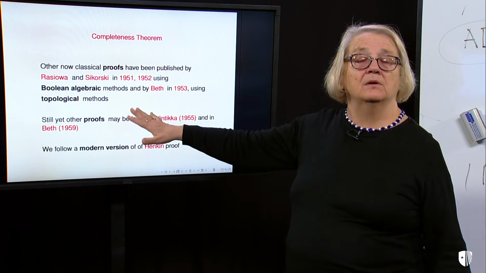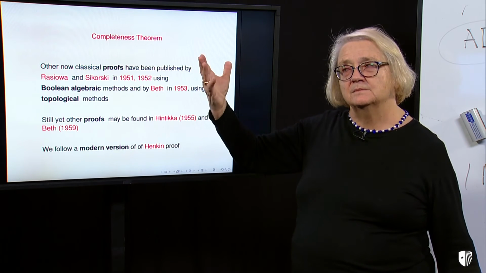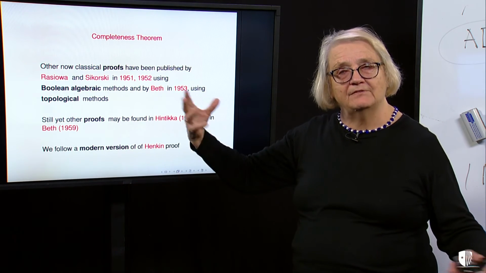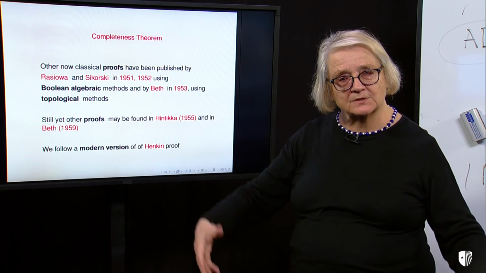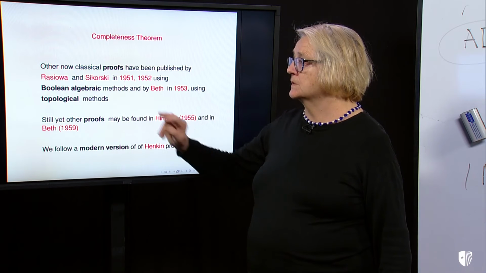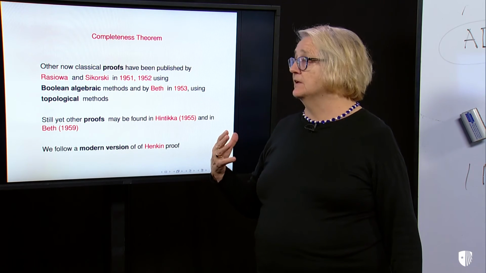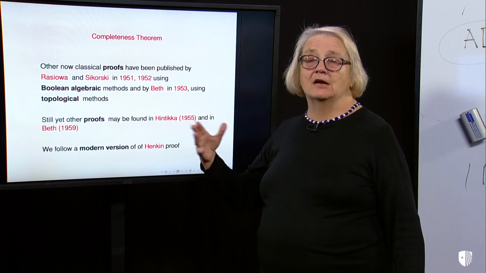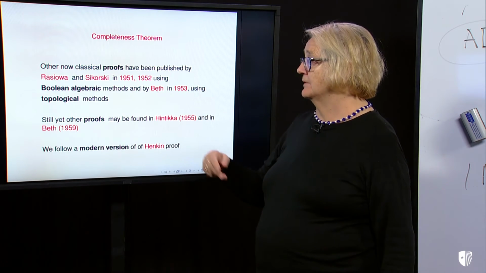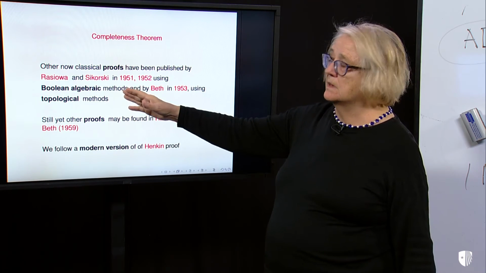Now you take these techniques and generalize and simplify them. That's how research is done. Then Rasiowa-Sikorski, in 1951 and 1952, used the algebraic method invented by Tarski and Mostowski and so on.